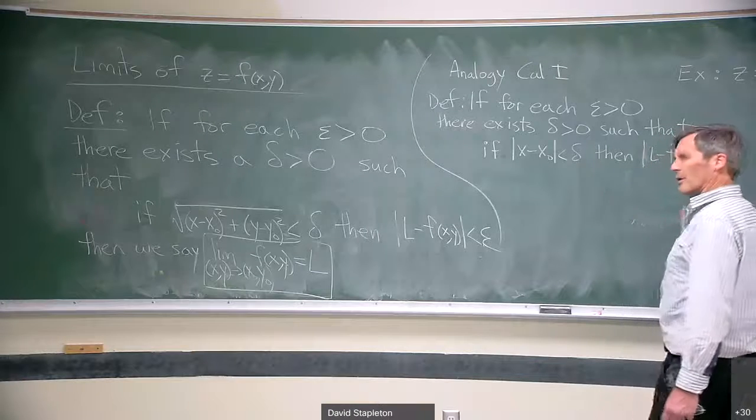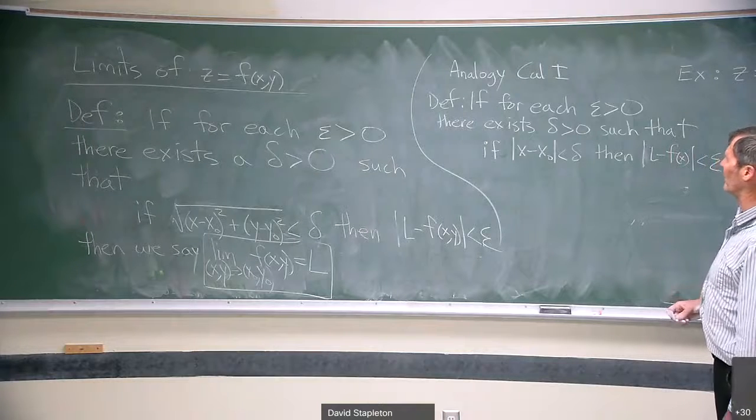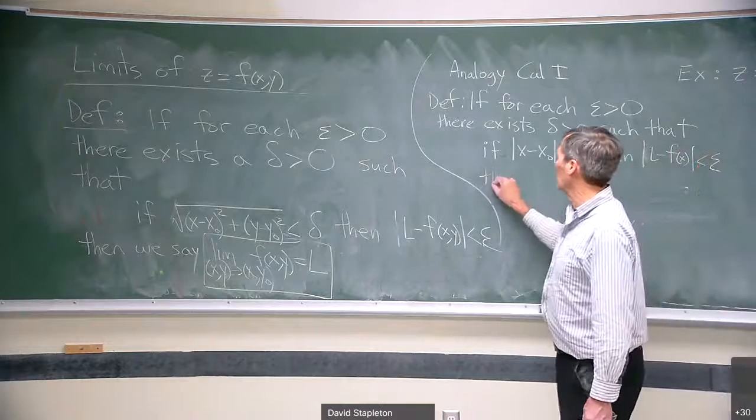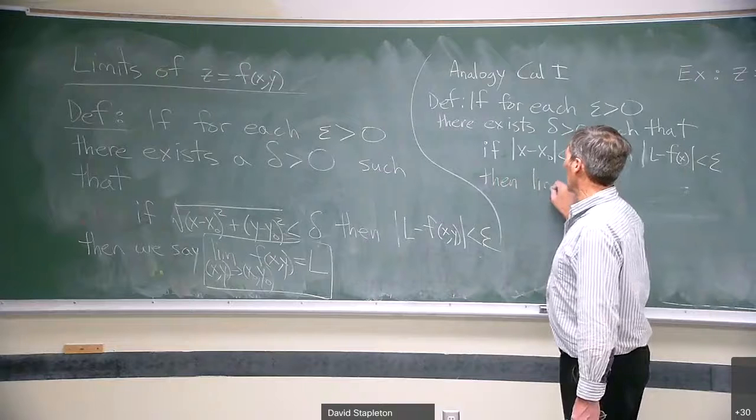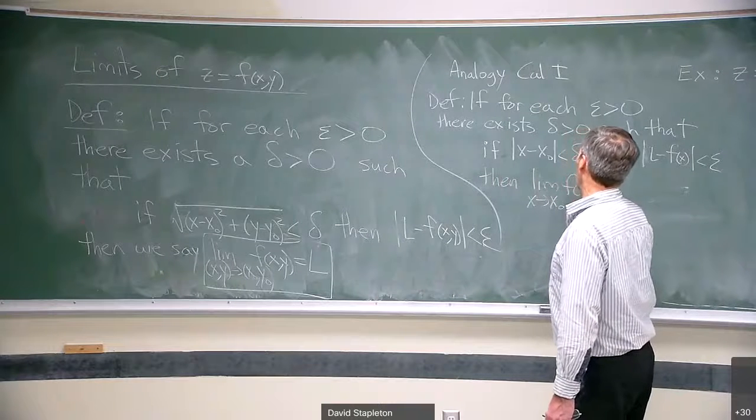Does that look familiar? I hope. Sometimes they skip this in class. This is the rigorous definition to say that the limit as x approaches x0 of f of x is L.